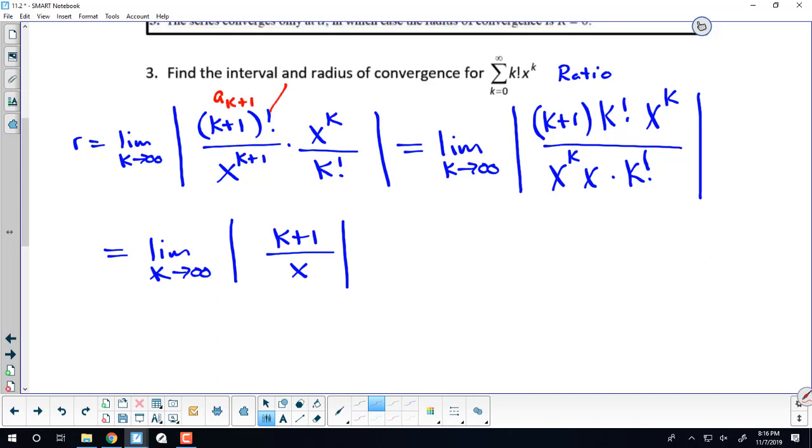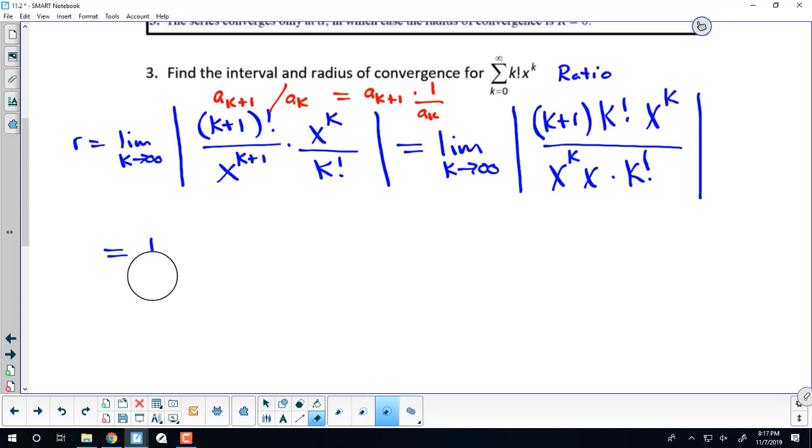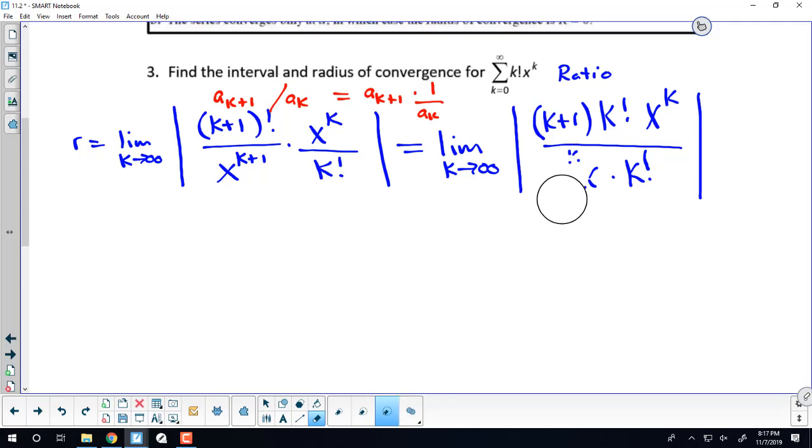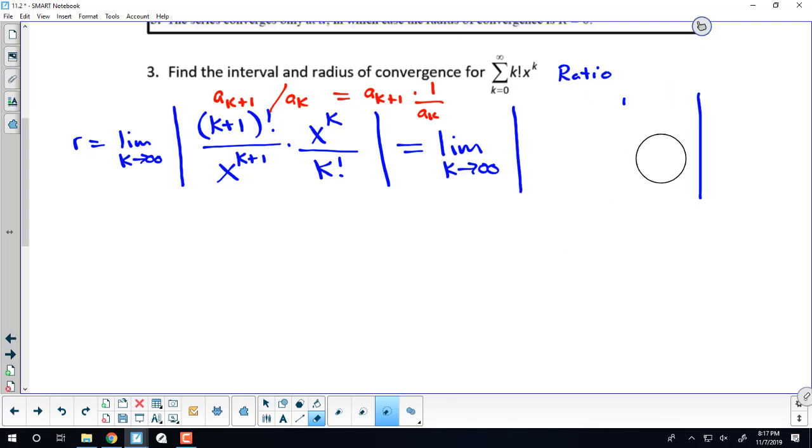When we say a sub k plus 1 divided by a sub k, all we're really doing is a sub k plus 1 times 1 over a sub k. Yeah, but why is a sub k plus 1 a fraction in itself? Oh, I see. It should not be a fraction. I just totally made up an entirely new problem. Keeping you on your toes. I was a little confused. As you should have been.